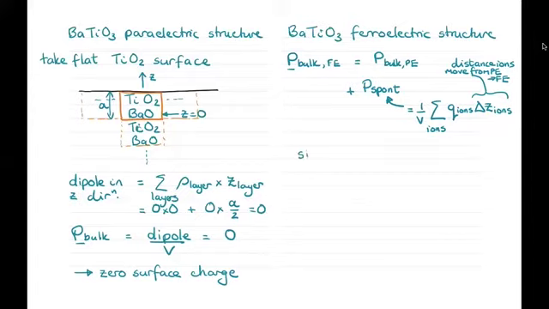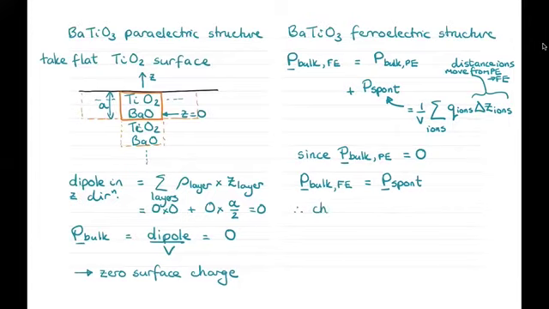And we've just shown that for the flat TiO2 surface, the bulk polarization in the paraelectric case is 0, then we can just write down by inspection, without making a separate calculation, that the bulk polarization in the ferroelectric structure is equal to the spontaneous polarization.